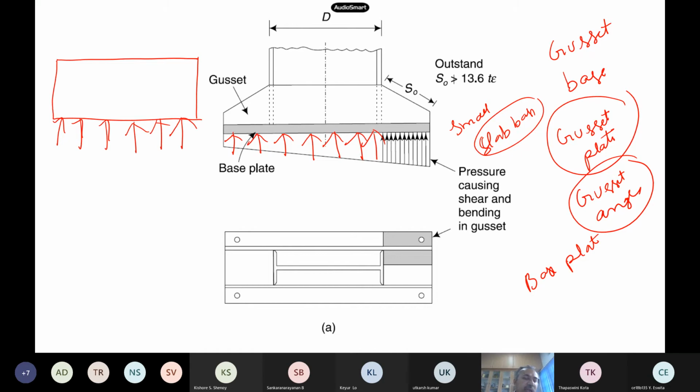So where can buckling happen, top or bottom? Top is the compression side. So which one will buckle, the top or bottom? Top. So there is a chance of lateral torsional buckling of the gusset plate at the top.